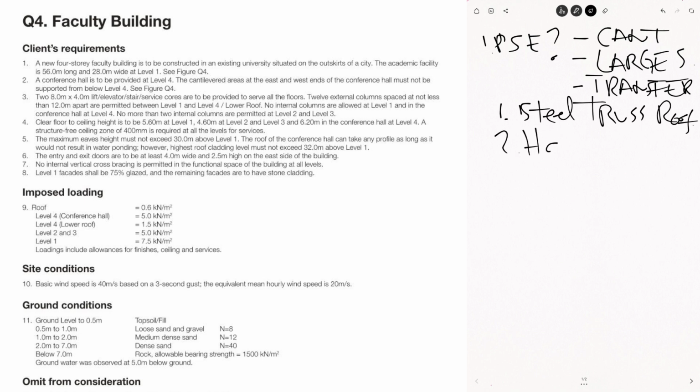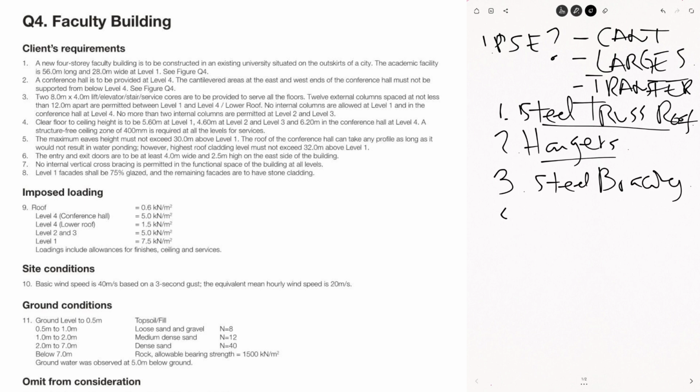That's very unique to this structure. So some steel hangers coming from the roof, and because we don't have any other large ones, a third one could be a typical one, which might be the steel bracing. And finally, the foundations.